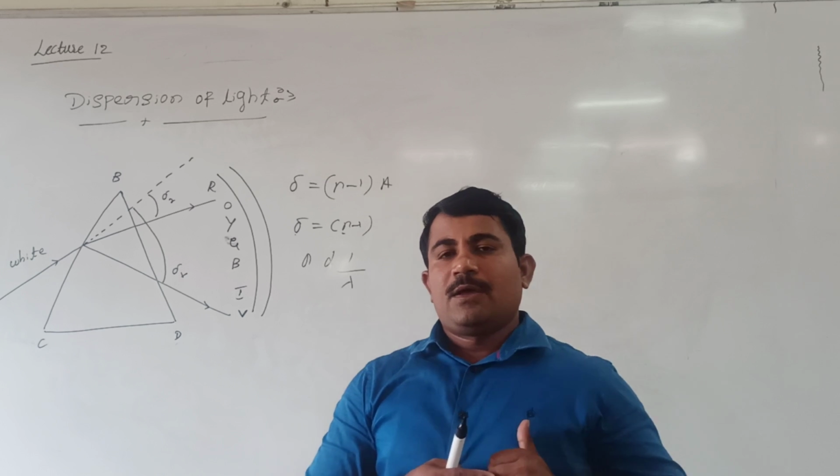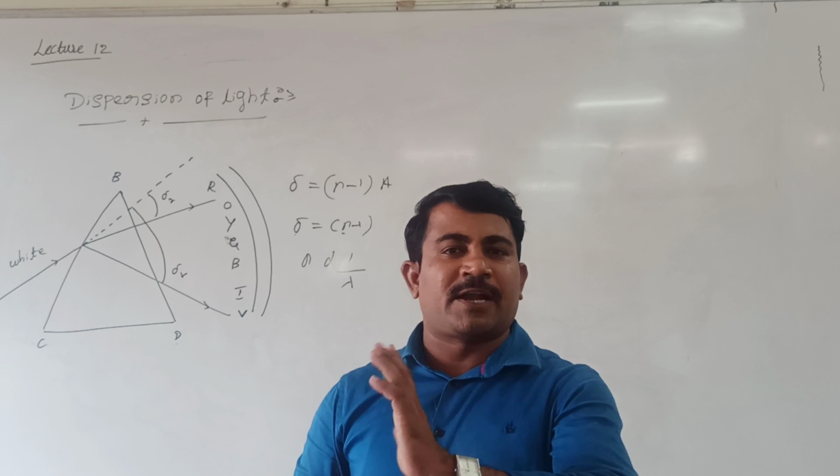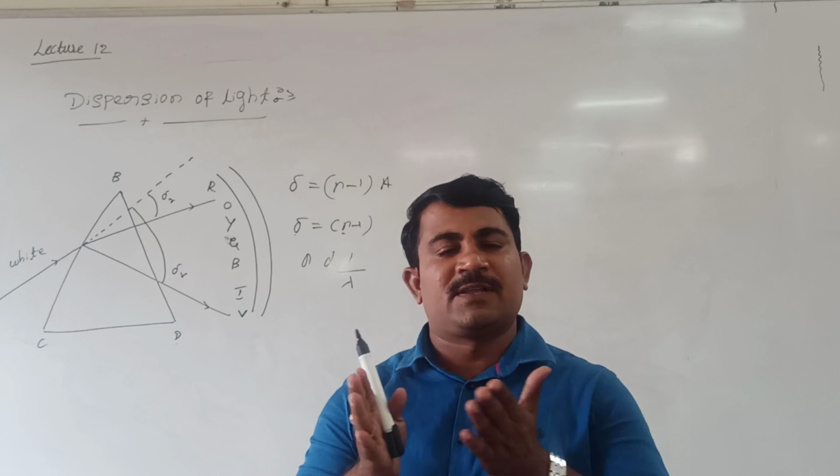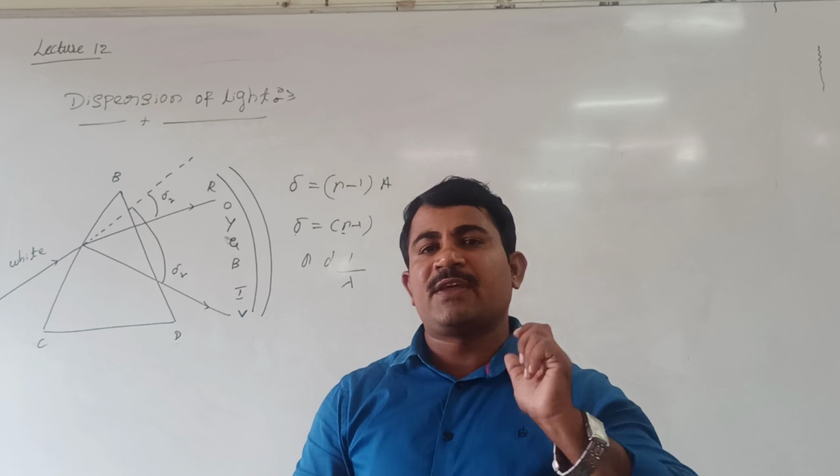Now, when the dispersion phenomenon takes place, I mean the splitting of white light into its 7 constituent colors, we call that dispersion of light. During dispersion of light, I can define 3 physical quantities.